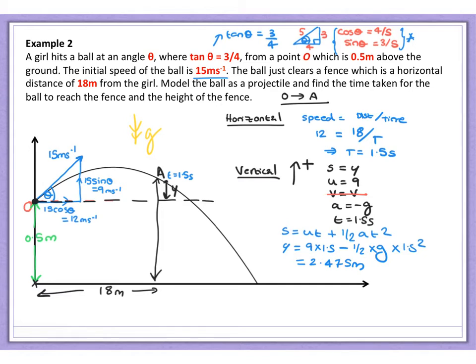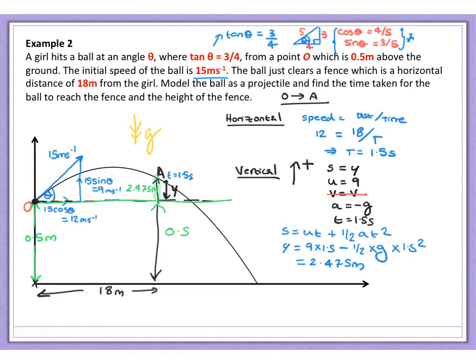Now, that is this measurement here. Let's highlight it so you can see it really clearly. This distance here is the 2.475 meters. So it's 2.475 meters above this zero level. So in order to actually work out the height of the fence, we need to add on this 0.5 here. This is not to scale. I appreciate that the 2.475 looks tiny compared to the 0.5.